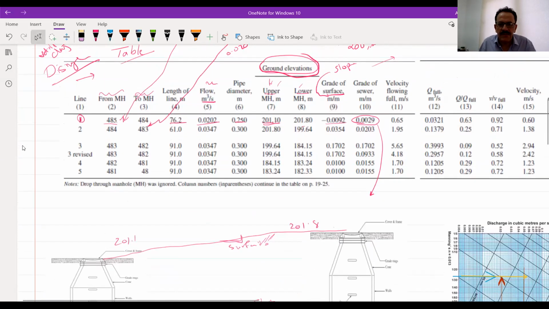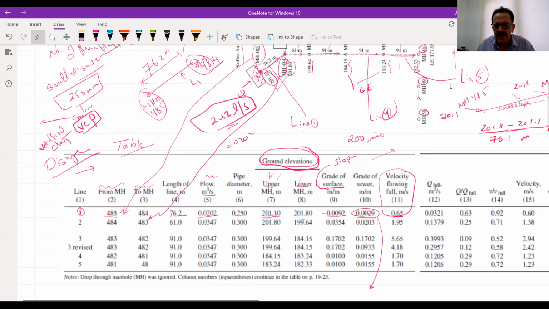Now, after having that velocity, I should check the velocity flowing fully, and this should also be found. How to find this one?